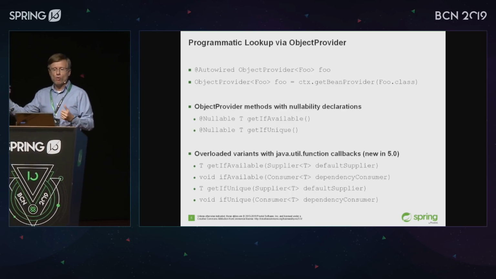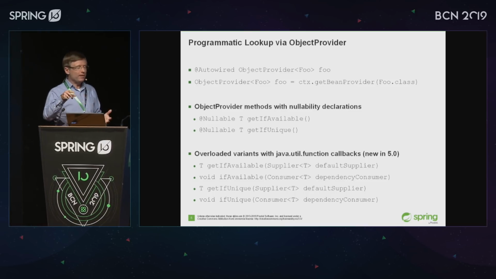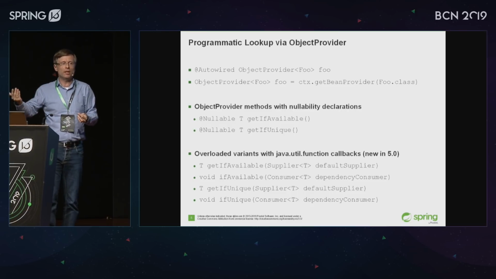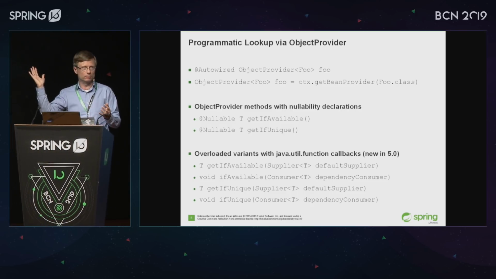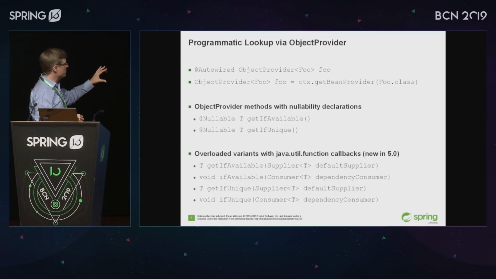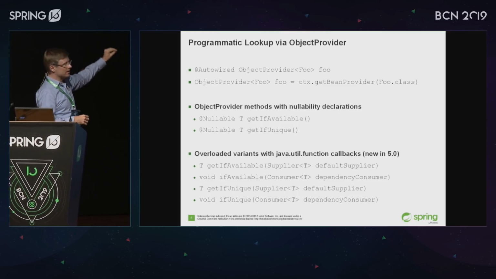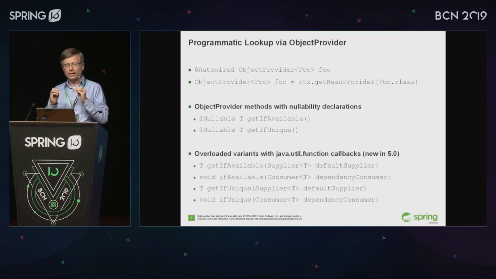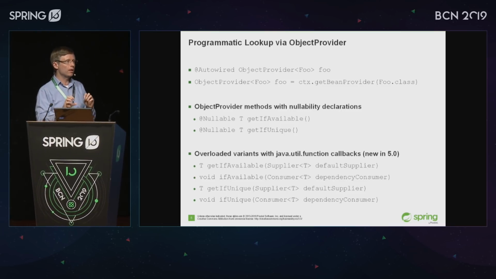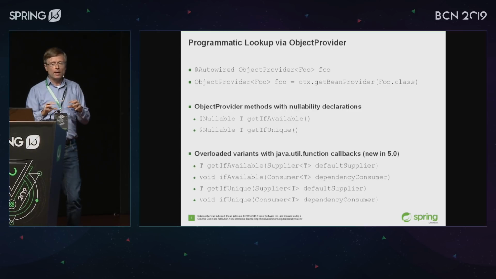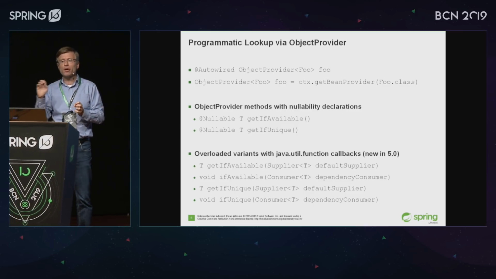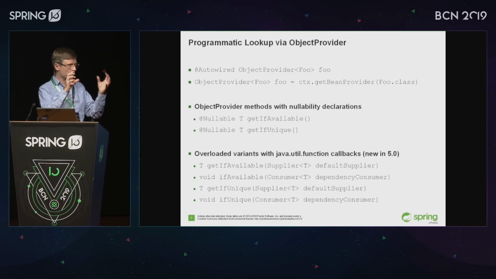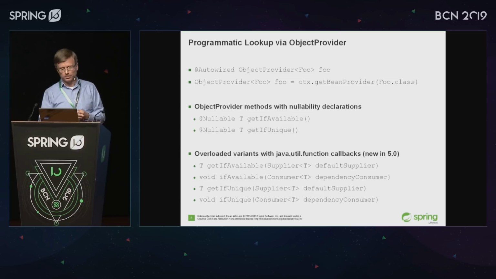Or even a little bit more functional: if it's available, here's a consumer to do something with the object. If it's not available, just skip the call. So we have a few API methods that really make sense if you compare their nullable handling, where they are explicitly designed to avoid null return values in their semantics. And Nullable declarations make this very explicit, not hidden in the Javadoc. It's right there in the signature if you take the annotations into account.